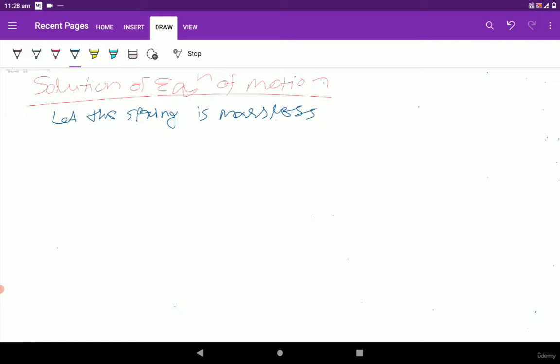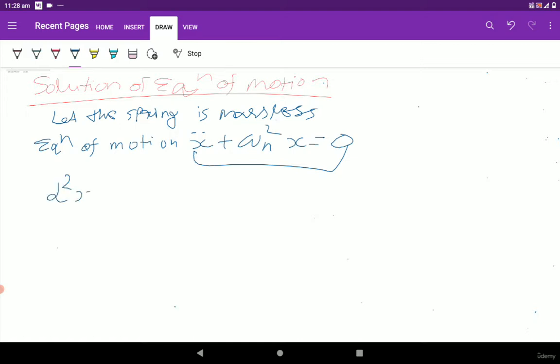So the equation of motion in this case is x double dot plus omega n square x equal to 0. We can expand this expression as d square x by dt square plus omega n square x equal to 0.